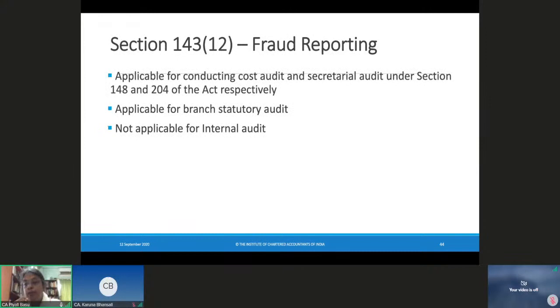If a suspicion is there, one may have to increase the sample population to get more evidence, because if you are reporting, you have to give evidence of such fraud. Otherwise, it will not hold good. So we need to keep that in mind.